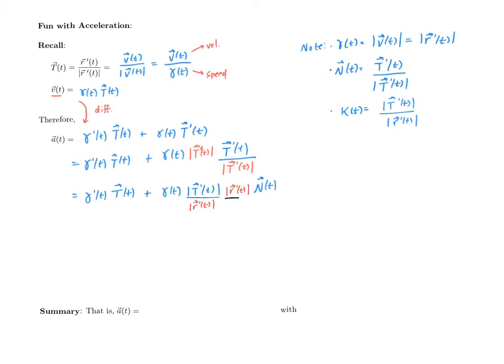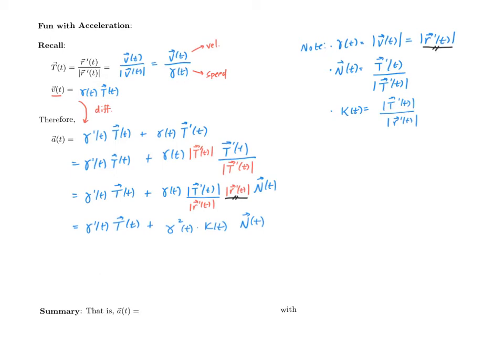But note that what we are multiplying by is really just gamma prime of t. So if I do one last little simplification, the first part remains exactly the same. I can write this second part as gamma squared multiplied by the curvature times the unit normal vector.